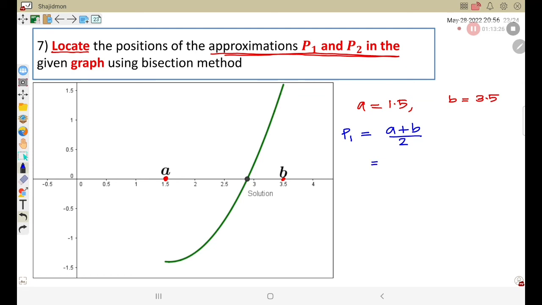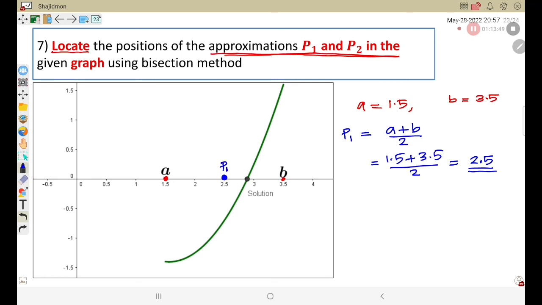What is A? 1.5 plus 3.5 divided by 2. We can calculate easily, you will get the answer from the calculator. 2.5 is P1. So first I am marking P1. See, 2.5 is here. So I am marking this as P1.